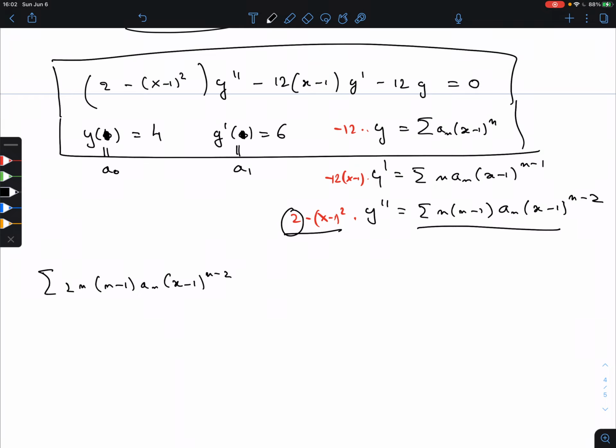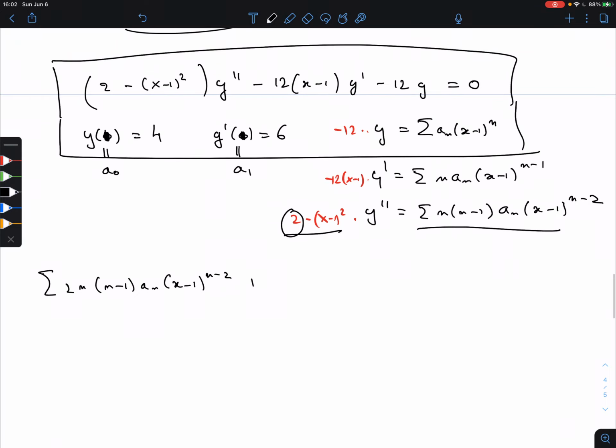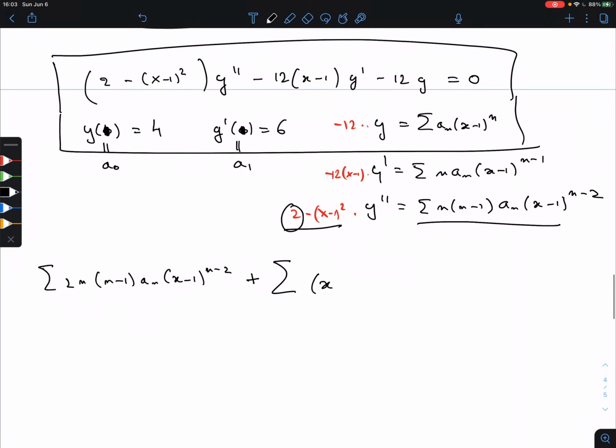Now the other ones are all going to be plus or minus. No, let me write the plus here. Summation. And so here this will be x minus 1 to the power n. Everything else is now already in the right power. I don't need to do the shift because of the way that I multiplied.